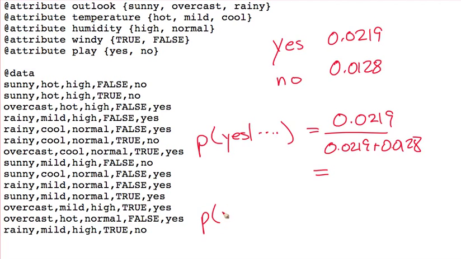And you can see that I don't have time. I'm too busy to write all the things here that are true. But what this is, is rainy and hot and normal and false. I think that's right. These are all our instances ANDed together. So this is the original thing that we were trying to calculate.